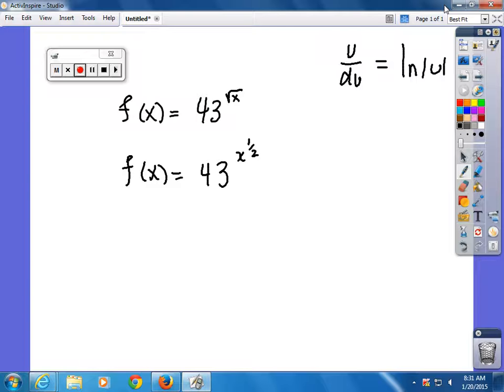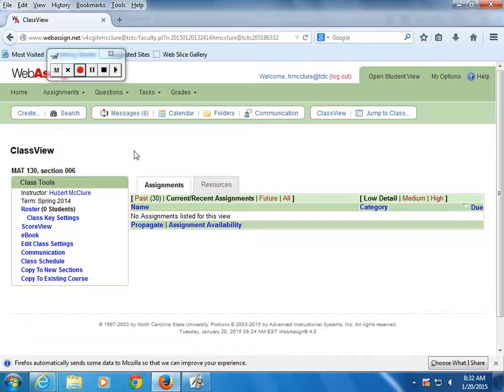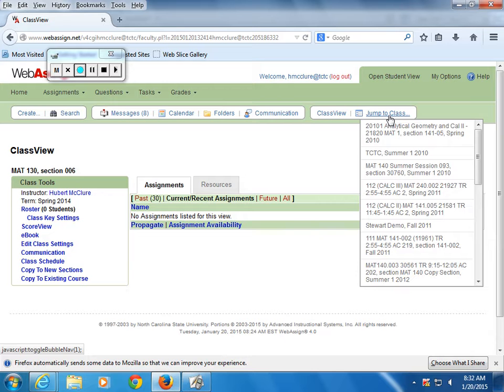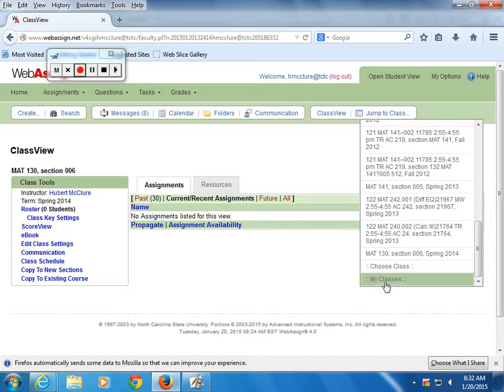Does anybody know how to clear the memory on a camera? All right, figure that out next. What do you do with this one? While y'all work on it for a second, I'm going to pull up the WebAssign again and see if I can find our book or our class. I don't know why it's not coming up. Y'all did enroll, our class is on there, right? Yeah. Well, then why can't I find it? My classes.